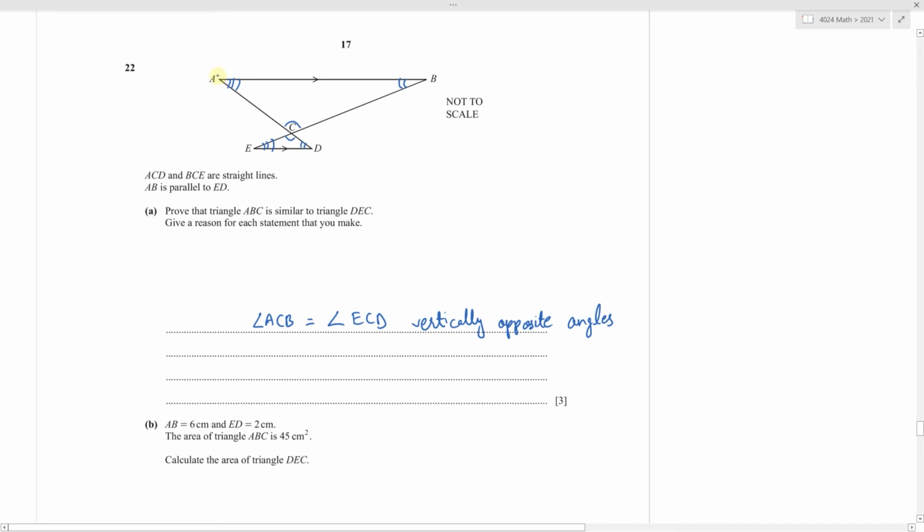Two parallel lines, and this line is passing through these two parallel lines. So your angle CAB will be equal to angle CDE, because they are alternate angles.